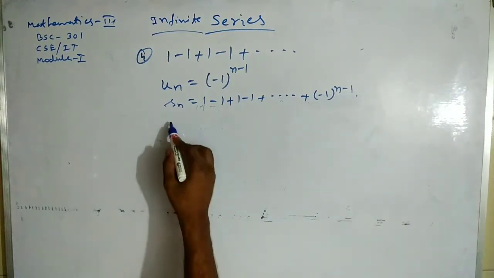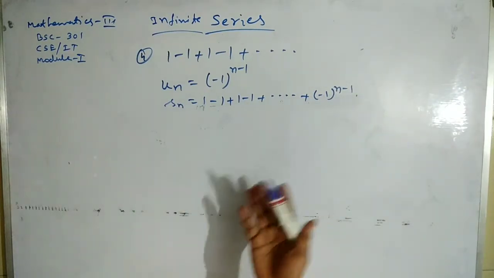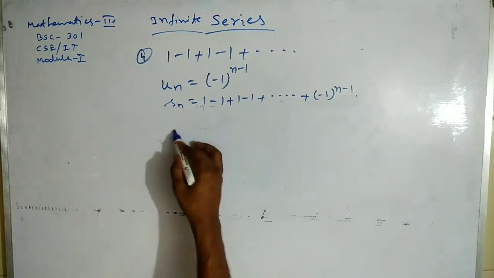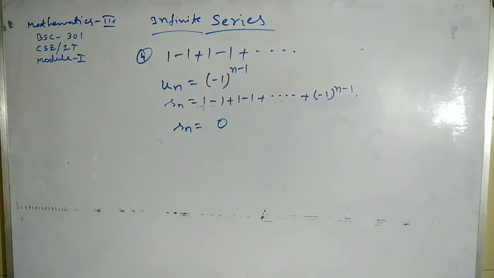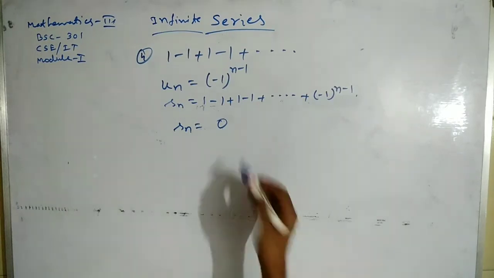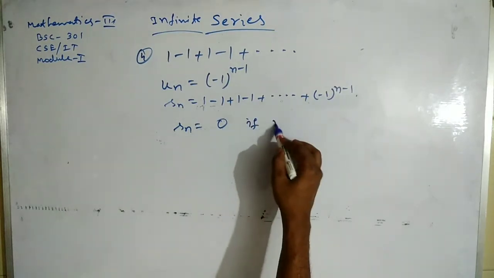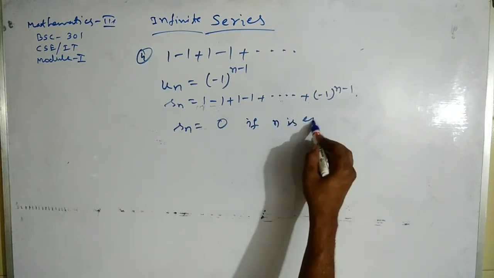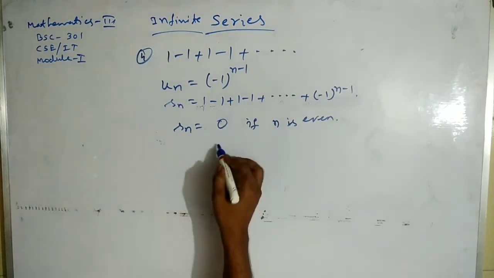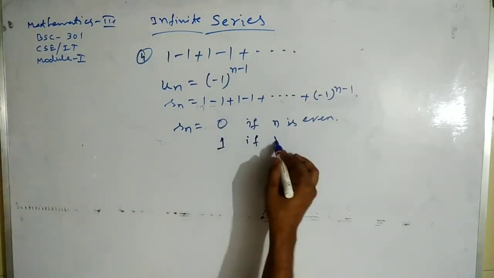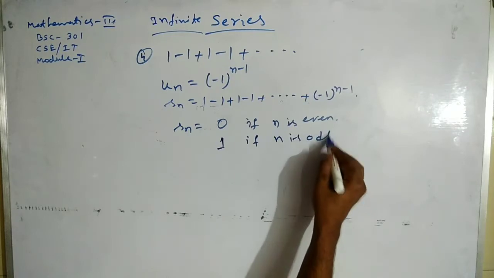So what will be the sum? So Sn will be 0 if n is even, and the sum will be 1 if n is odd.